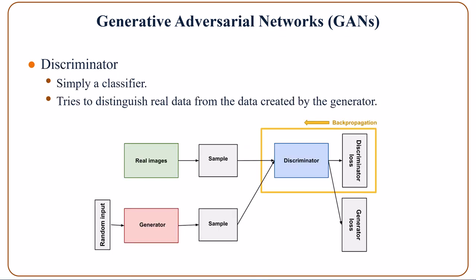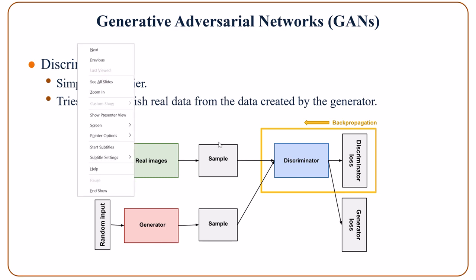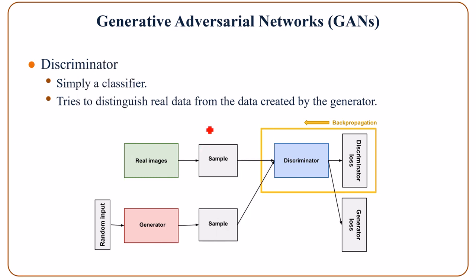The discriminator in the generative adversarial network is simply a classifier which tries to distinguish real examples from the fake examples created by the generator. In the illustration, you can see the real example and the fake example.